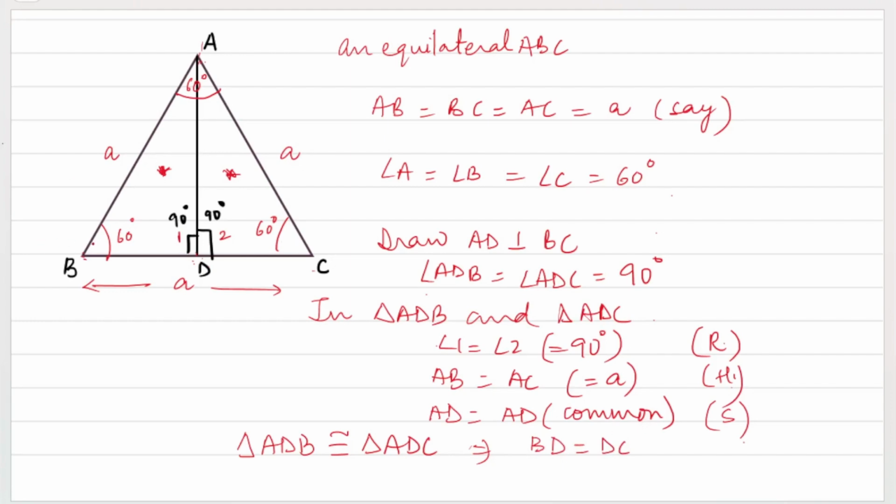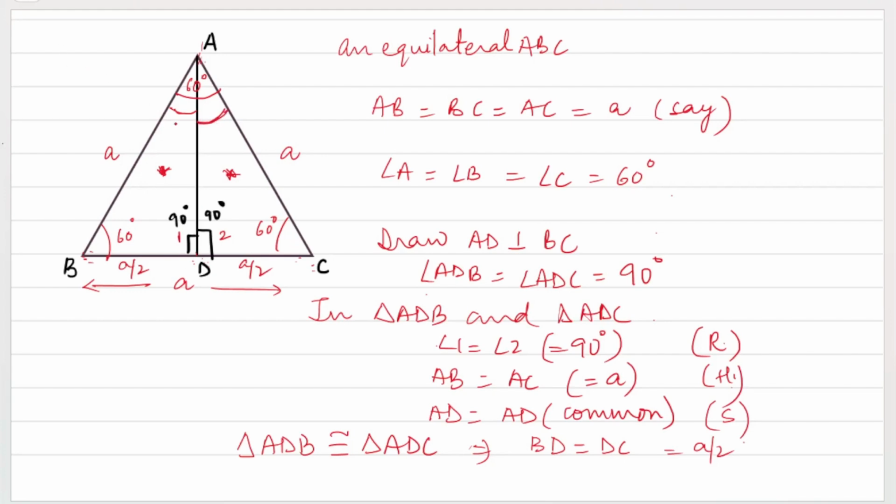If BD and DC are equal, and the complete BC is A, can I say each of BD and DC will be equal to A by 2? Yes. So BD and DC are each equal to A by 2, and this angle of triangle ADB will be equal to this angle of triangle ADC.